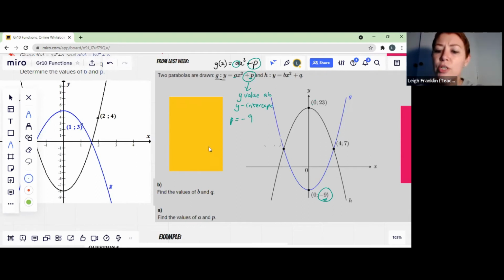So now I'm going to substitute. g of x is equal to, I don't know what a is, but I do know that p is equal to -9. So that's your first step. Now our job is to work out the value of a.